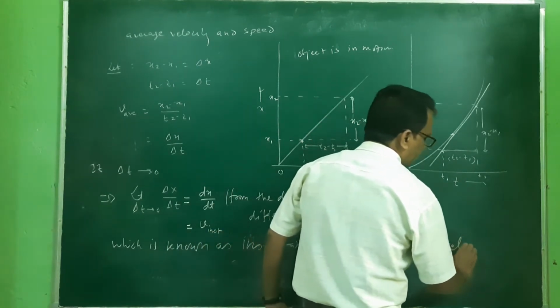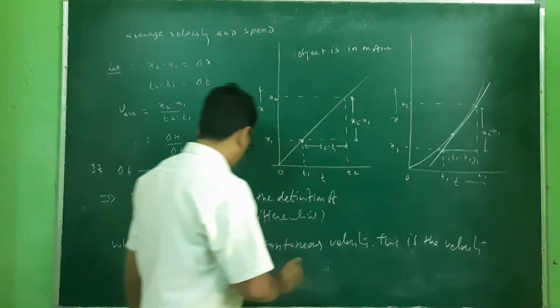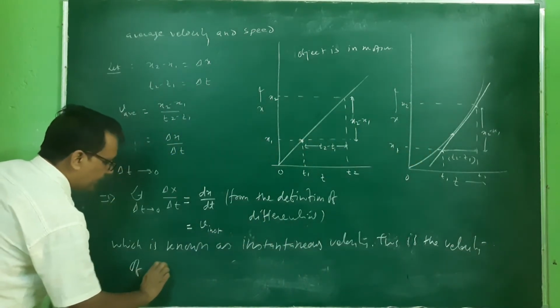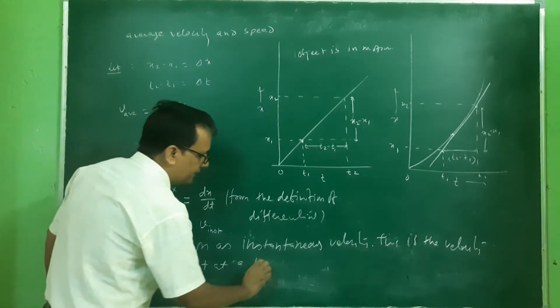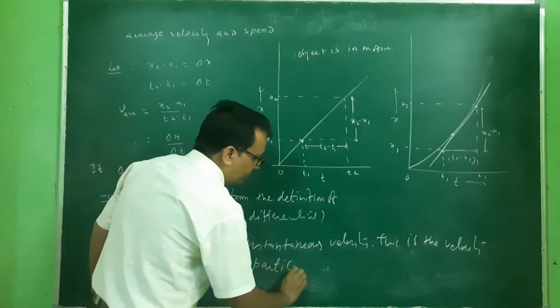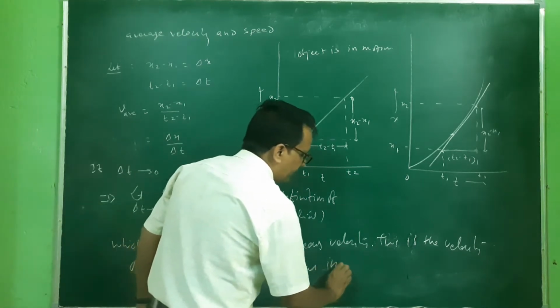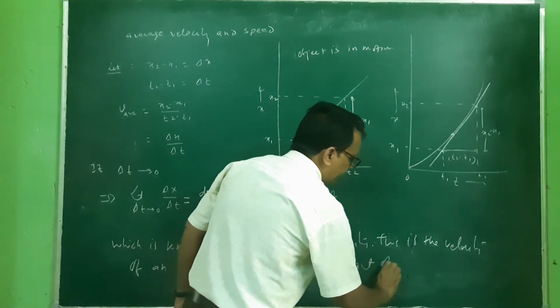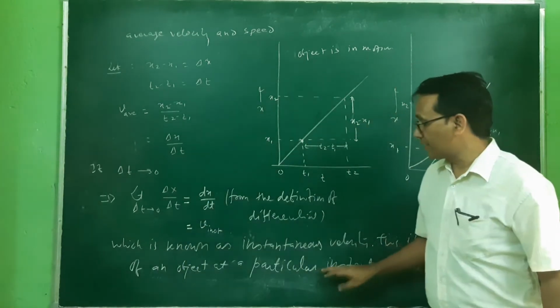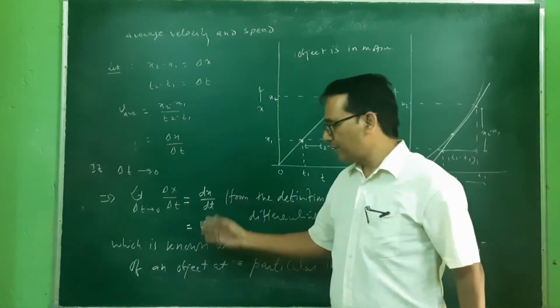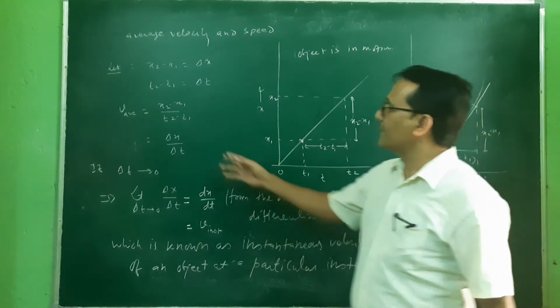So this is the velocity of an object at a particular instant of time. The dimension and unit will be the same. The main difference is the averaging.